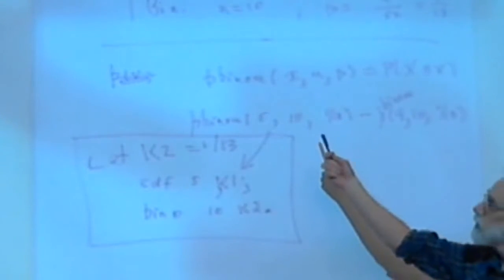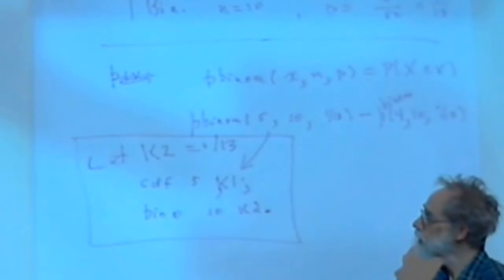And you better store it in a constant. And you can't do 1/13 directly, so you need three commands in Minitab to get this. So that's why we'll just stick with this notation.